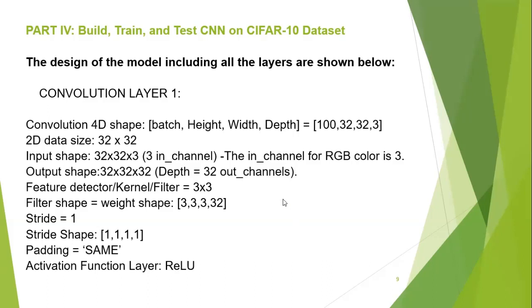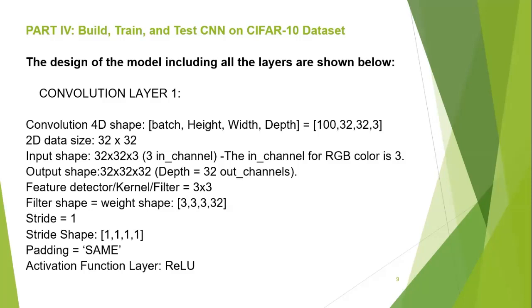So there is no need to use 5 by 5 for this CNN. So the filter shape here is 3 by 3 by 3 by 32.